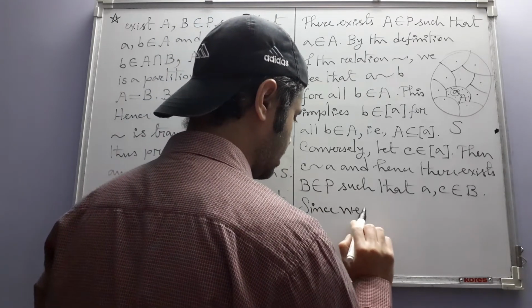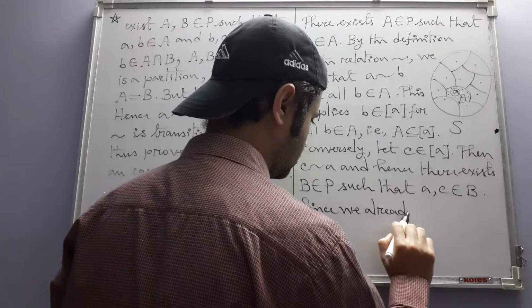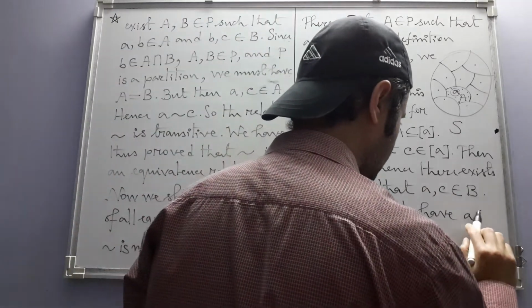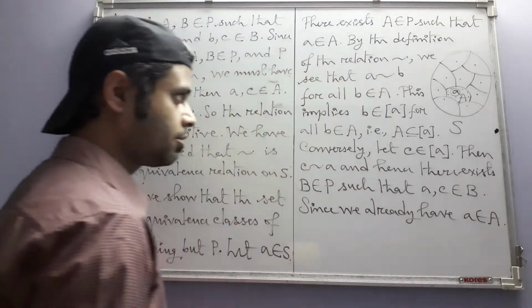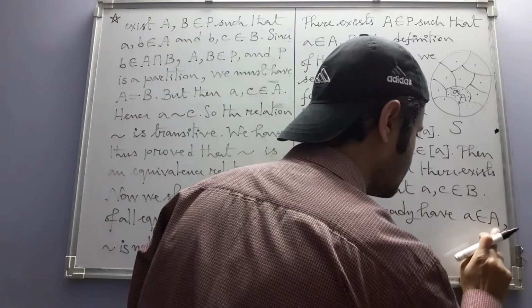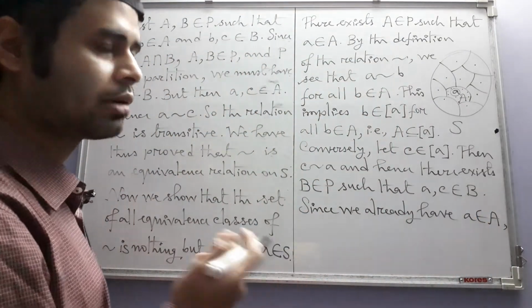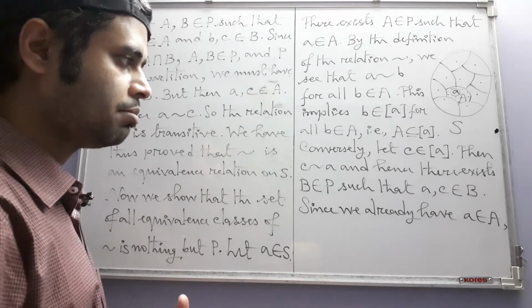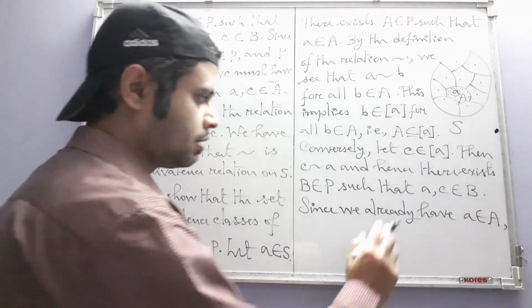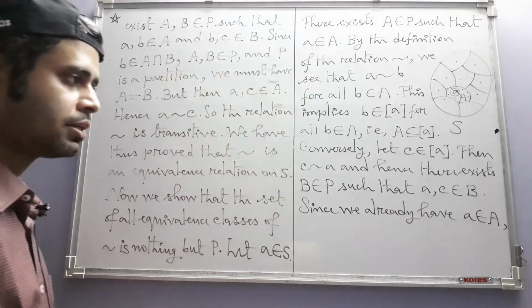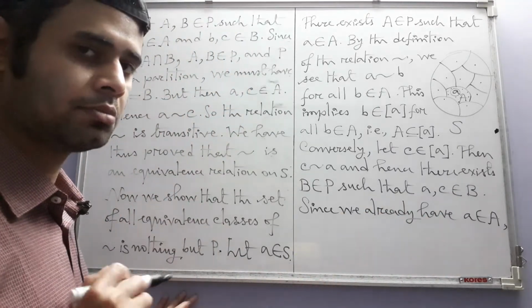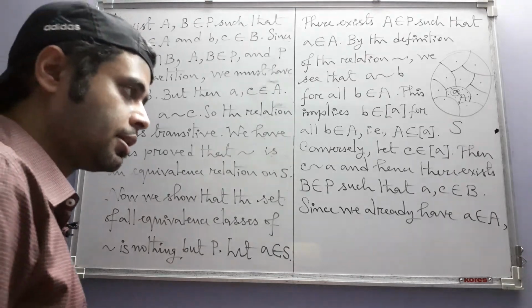Since we already have our element A belonging to capital A, that is already there because that's how things started, and these sets A and B are after all in our partition, so A and B must be identical, they must be the same. If they are distinct, then because they are in the partition they should be disjoint. However, this common element A prevents them from being disjoint, so they cannot be distinct, they have to be identical.